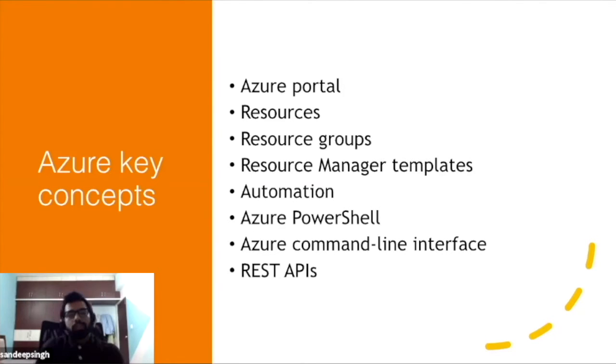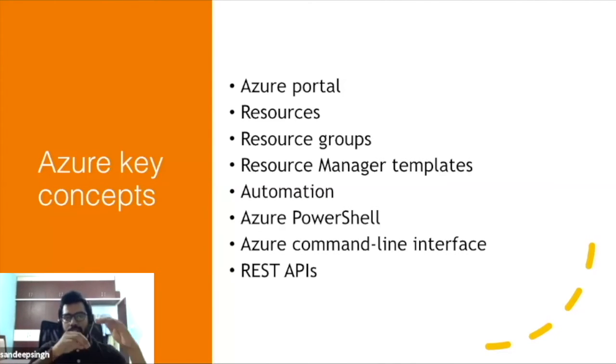After the resource group, there is the Resource Manager template. What exactly is it? We call it an ARM template, an Azure Resource Manager template. We talked about infrastructure as a service, platform as a service, and software as a service. Similarly, we have infrastructure as code also.